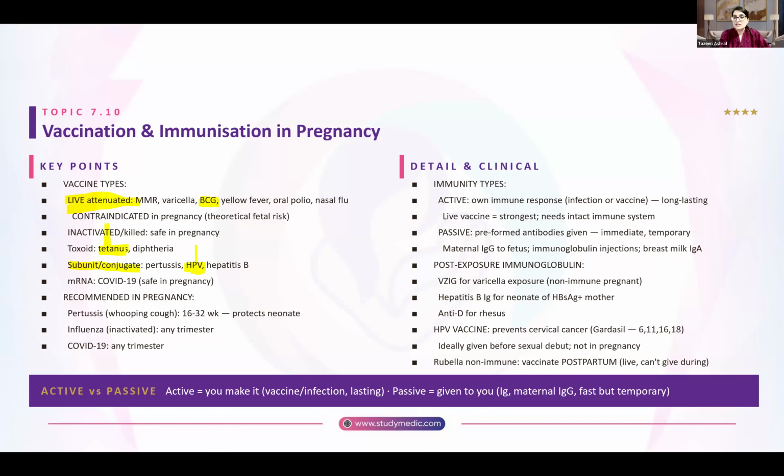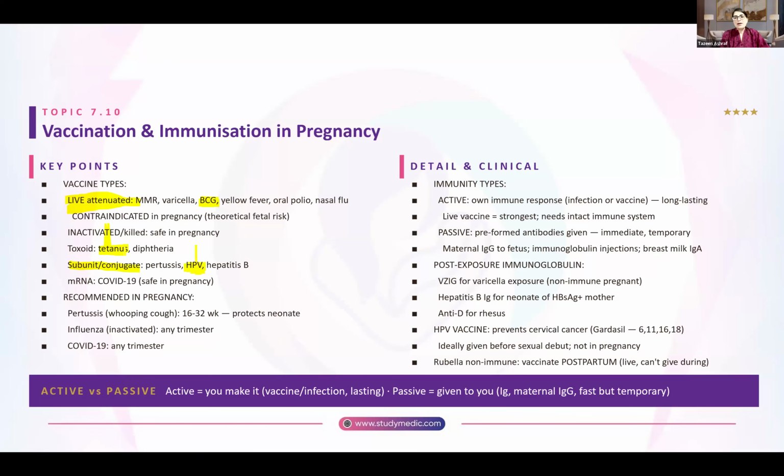Live vaccines are strong and need an intact immune system, like BCG, oral polio vaccine, measles, mumps and rubella.